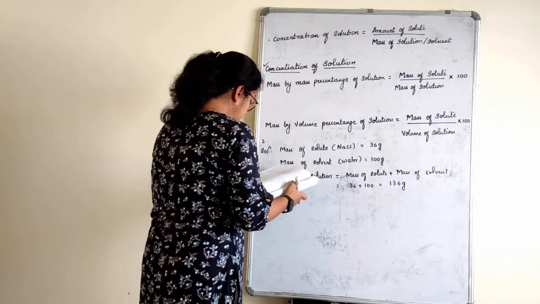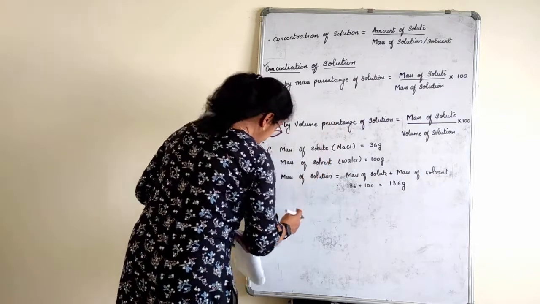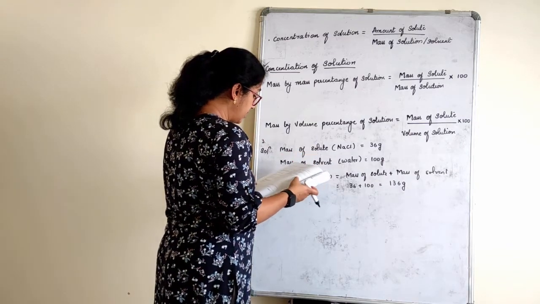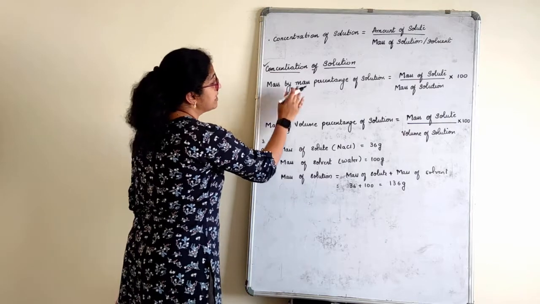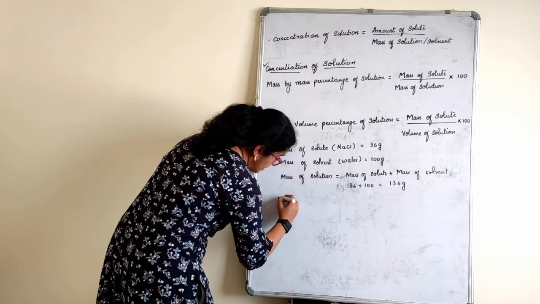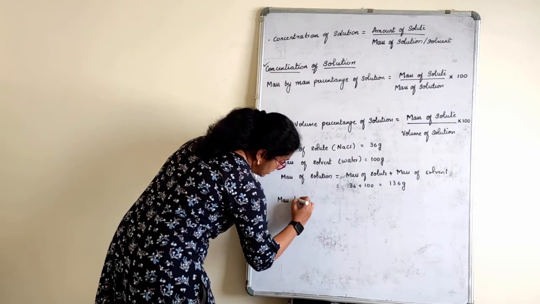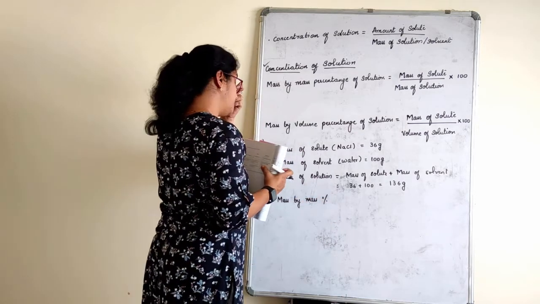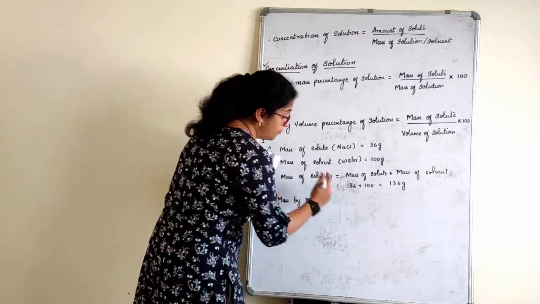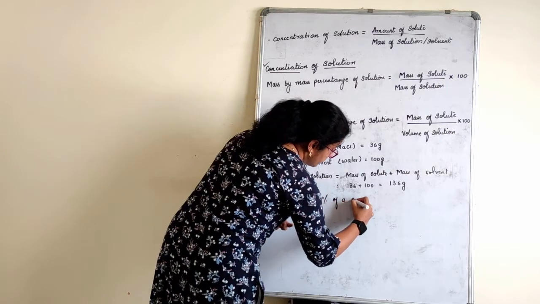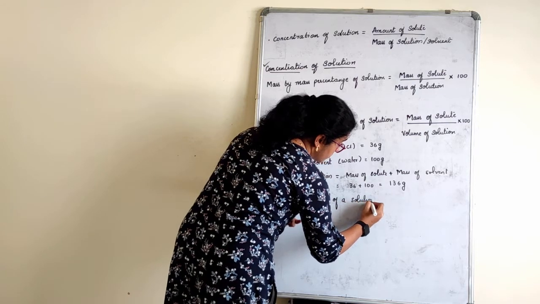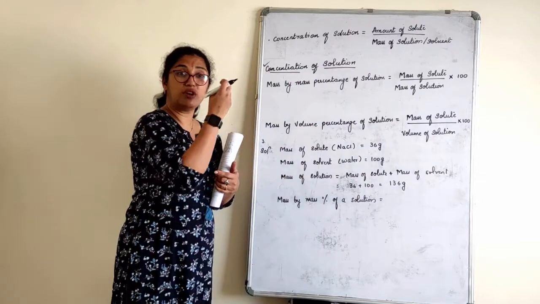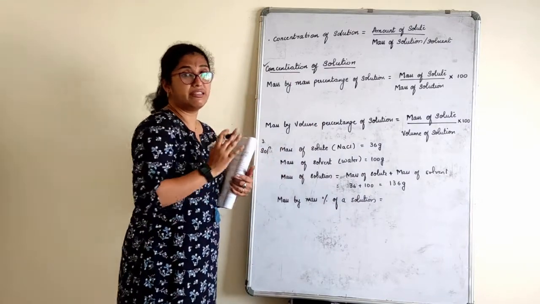Right? Next, formula. We have to find its concentration at its temperature. That is, mass by mass percentage of a solution is equal to, children, only things are given, you have to just find the solution part and then do it.